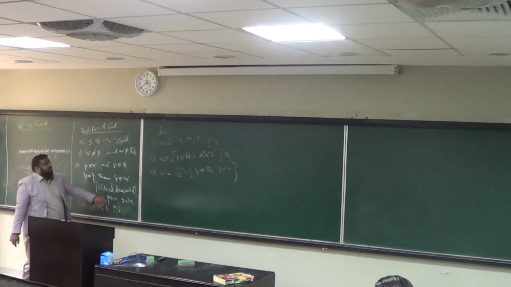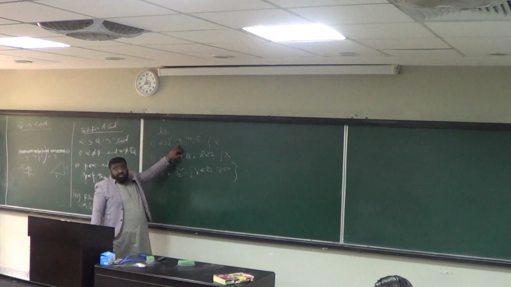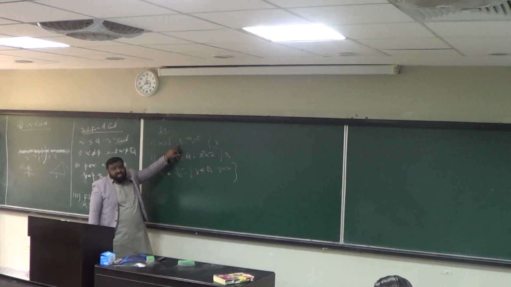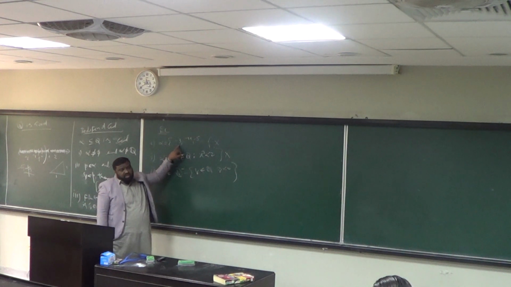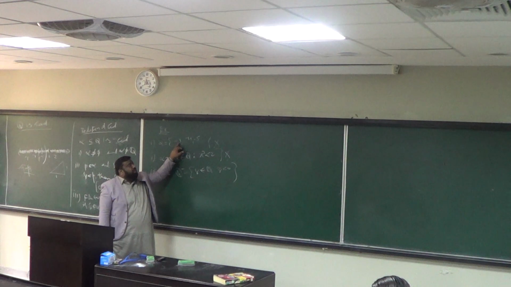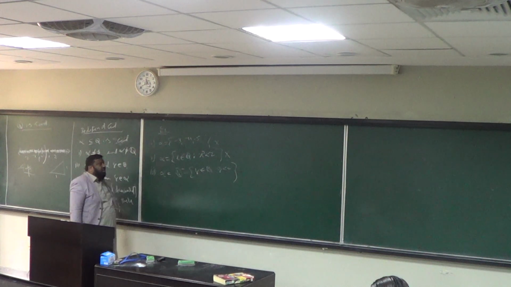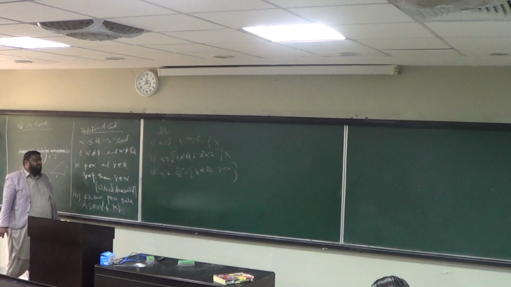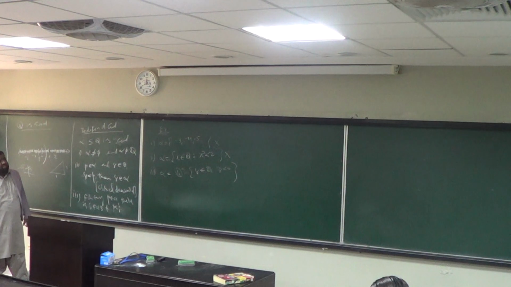I'm taking a rational number, -3. Can you tell me a rational number smaller than -3? Yes, there can be lots. For example, -7. Is -7 here? No, sir. It's not here, so it's not a cut actually.